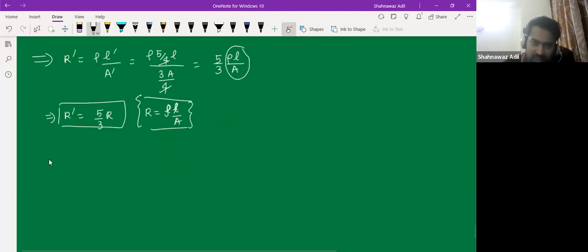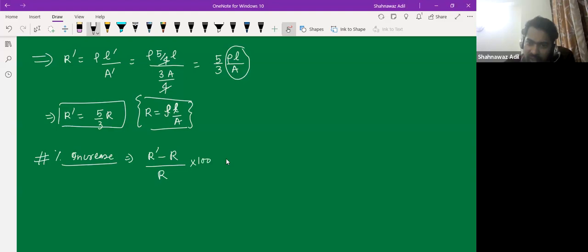we will subtract it from the new value. If somebody wants to calculate that also, we subtract R from R prime, divide by R, and then multiply by 100. So that is the percentage increase, right? R prime is 5 by 3 R, so 5 by 3 R minus R divided by R into 100.